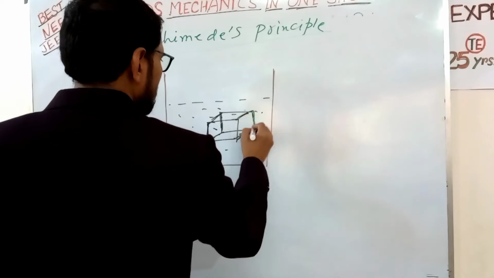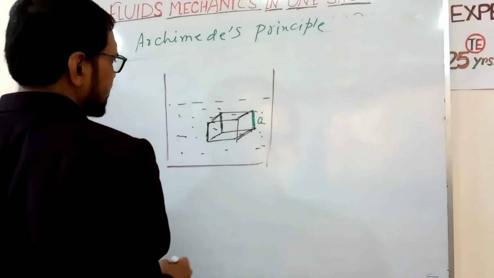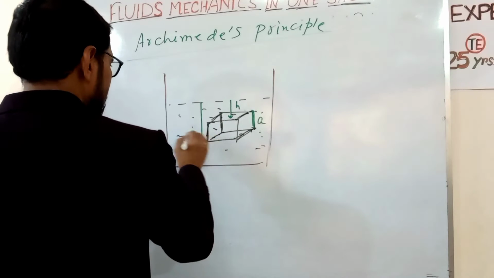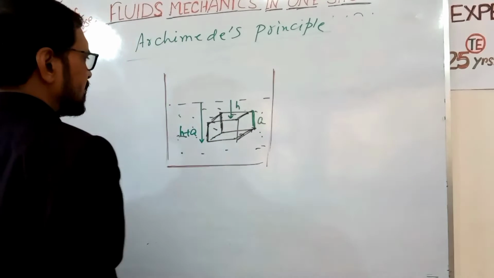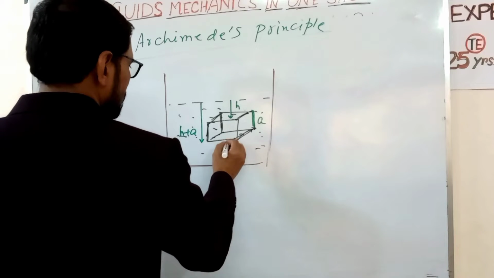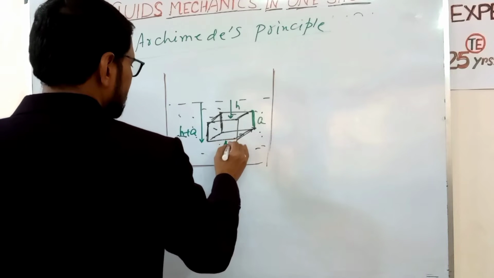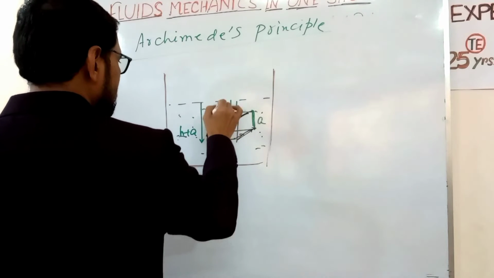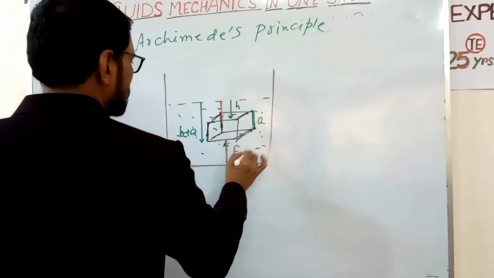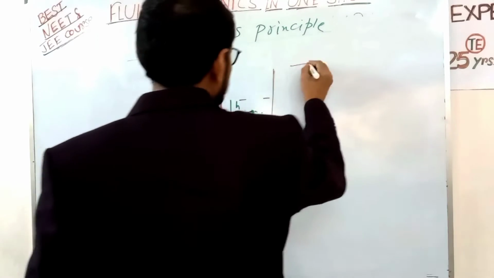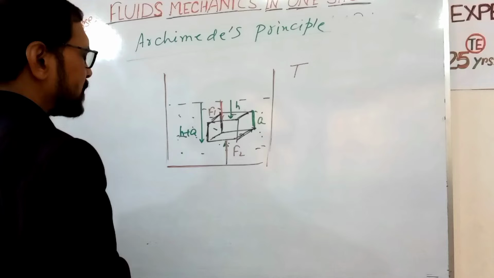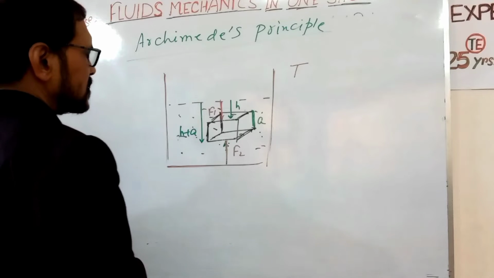This cube has side length A, this height is h and this height is h plus a. The thrust by the liquid acts in this direction and here the thrust is in this direction. So here F2, F1. We first calculate what is upthrust.